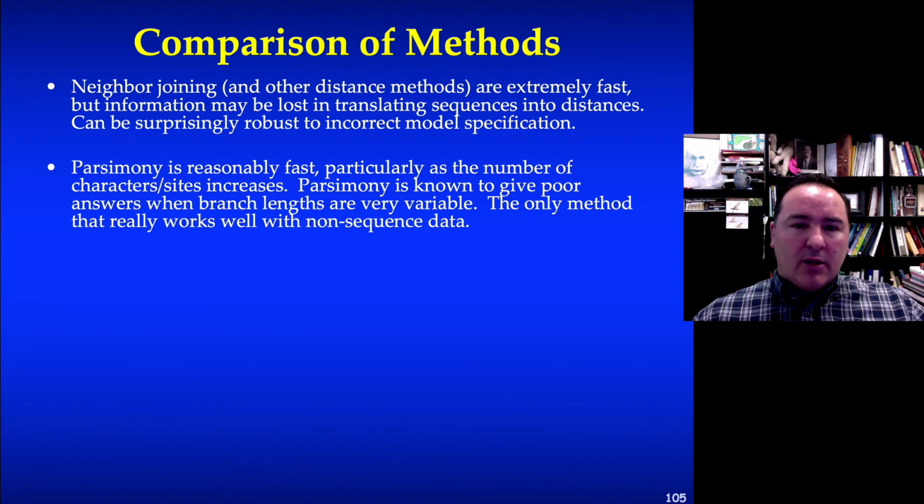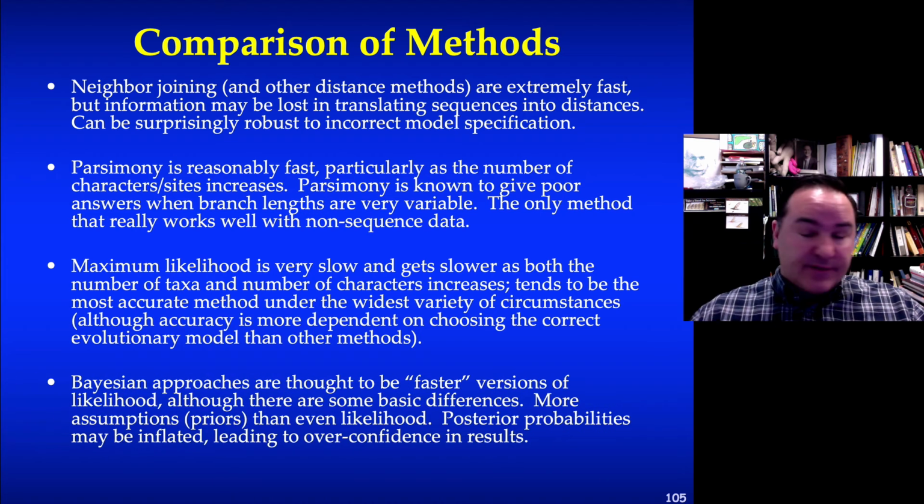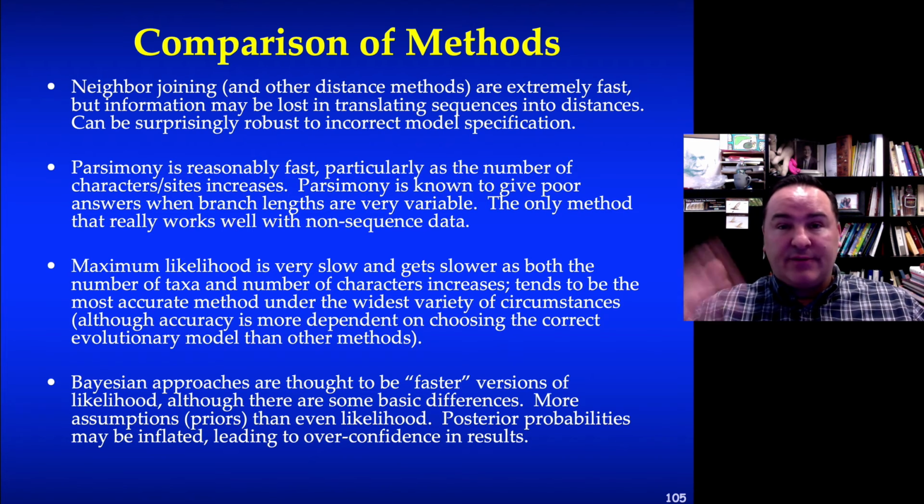So if we compare all of these methods together, neighbor joining is really fast and can work on really large data sets, but it tends to make mistakes and tends to not do as well at reconstructing the correct tree. Parsimony is reasonably fast. It does okay with large data sets, but it sometimes gets it wrong. In fact, it gets it very wrong if there are different evolutionary rates across different branches.